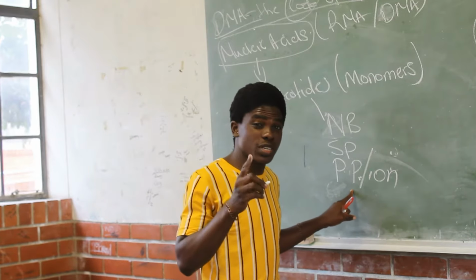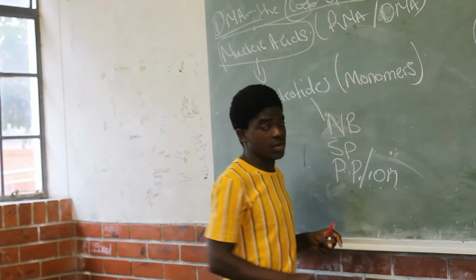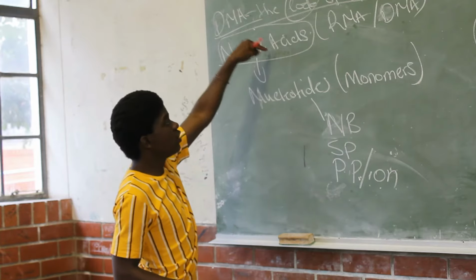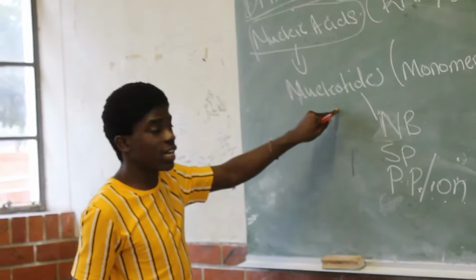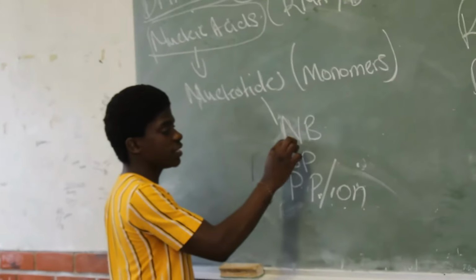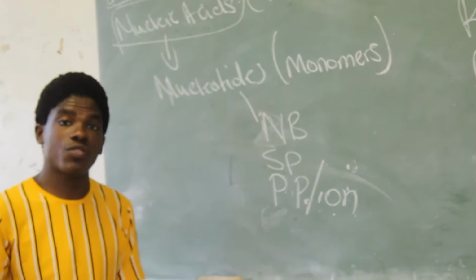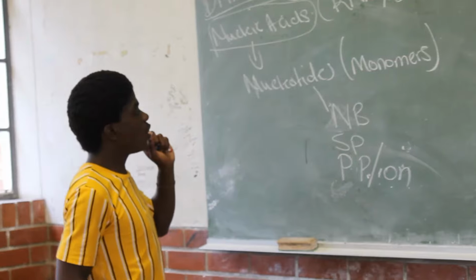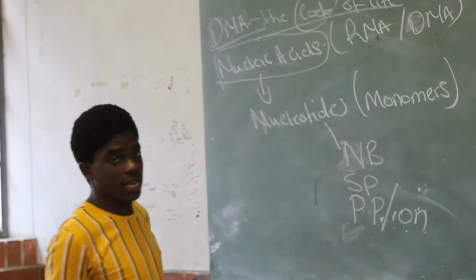In some books, they say it's a phosphate ion. So to have nucleic acids, we need nucleotides, which are made up of nitrogenous bases, a sugar portion, and a phosphate portion, or phosphate ion.